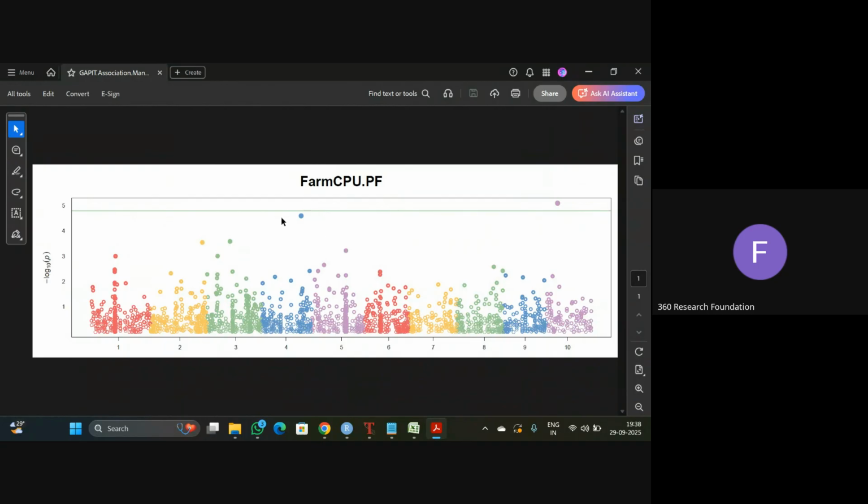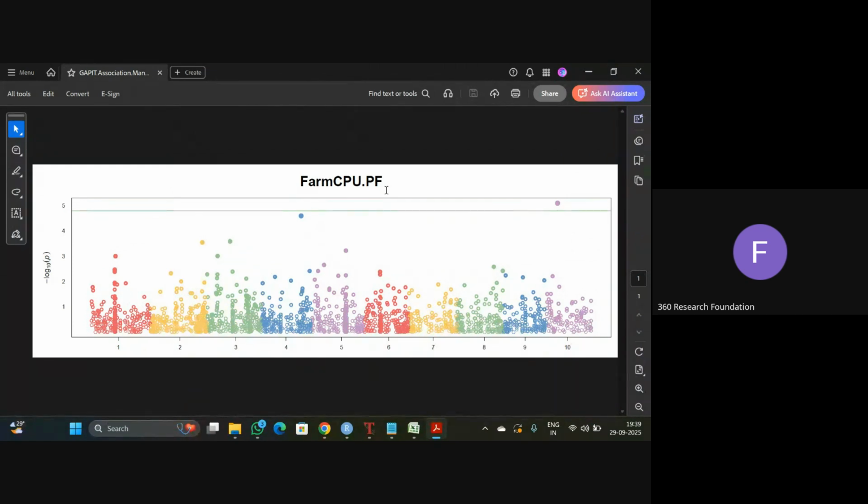So these two markers we identified from our statistical analysis. We identified that these two markers located at chromosome 4 and 10 respectively have strong association with the pollen fertility trait in sorghum. This is identification.